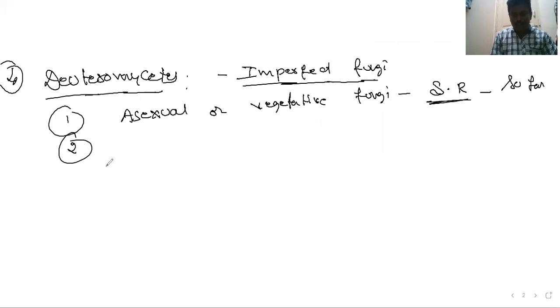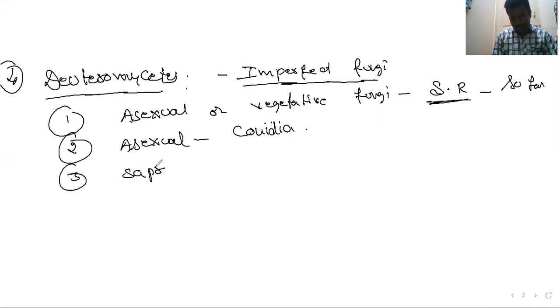They reproduce by asexual spores. Those asexual spores are called conidia. These are generally saprophytic. Some are decomposers.